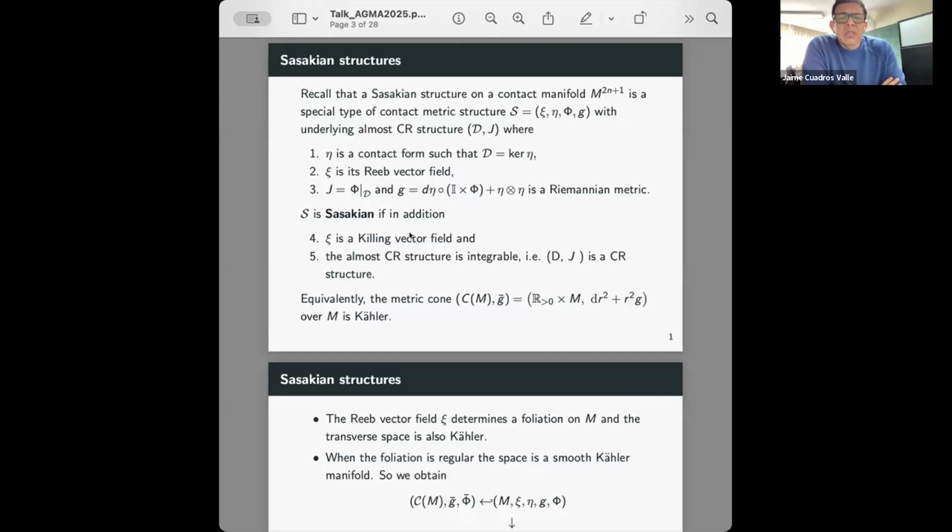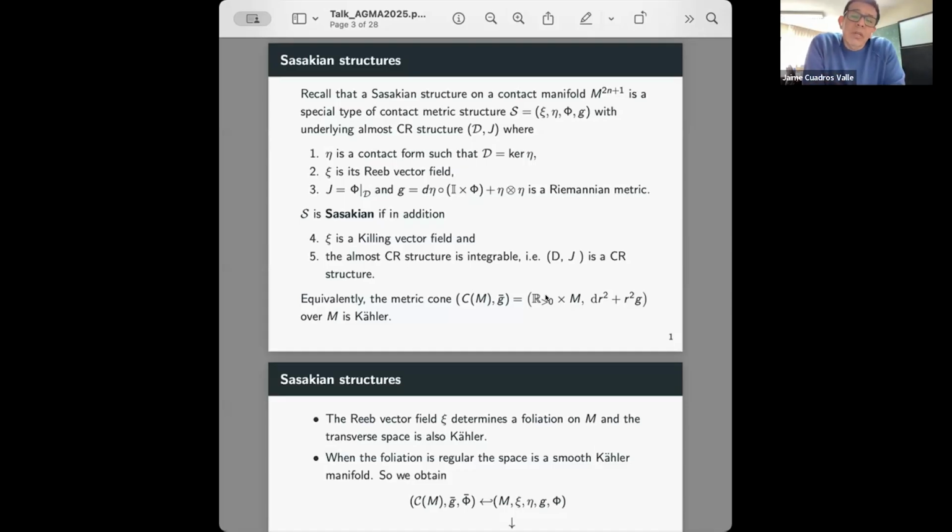So the interesting thing about having a Sasaki manifold is that it sits in between two Kähler geometries. The first one is given by the metric cone. So you take the manifold M and you take the product of the manifold by R plus, and then you define a metric that conifies this product manifold.